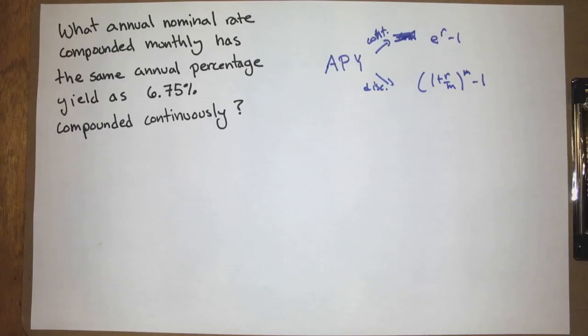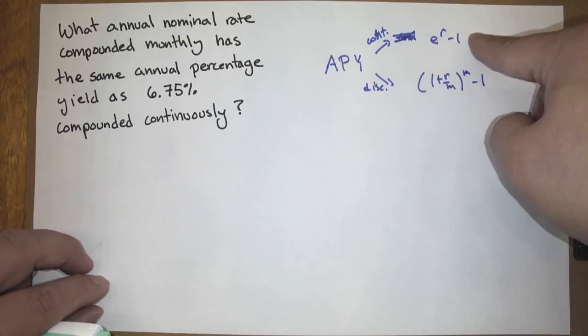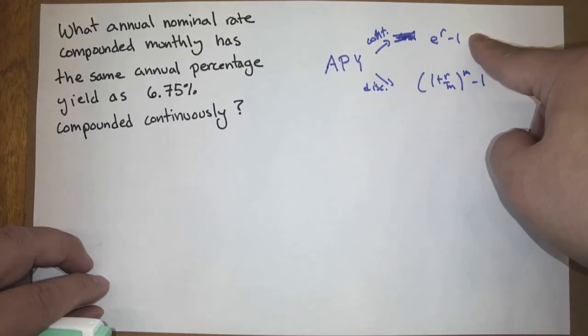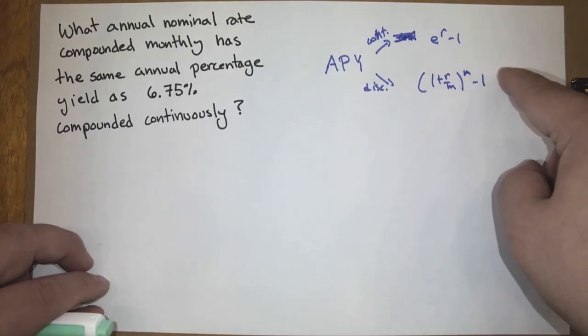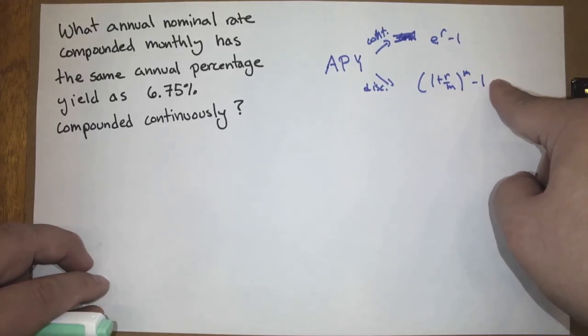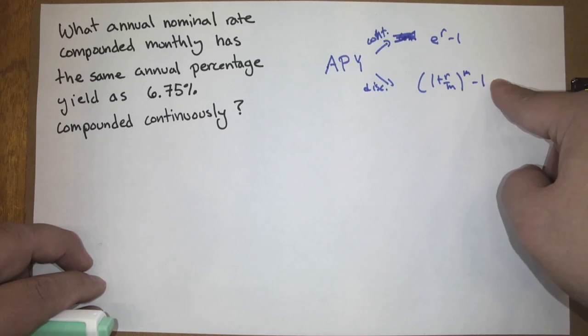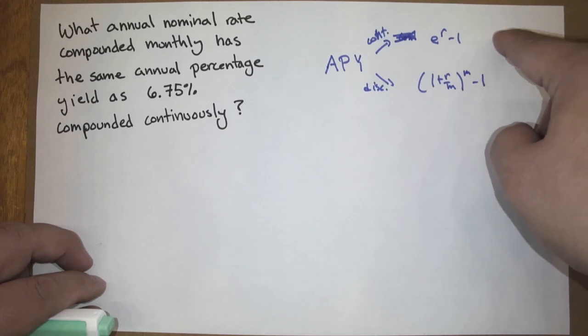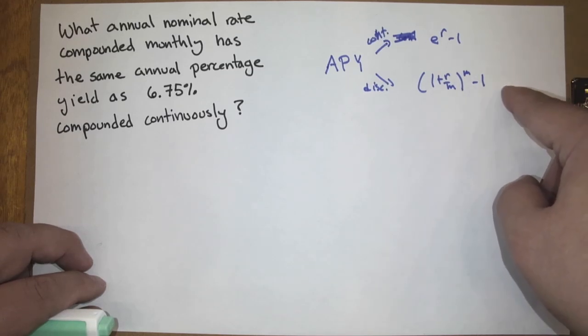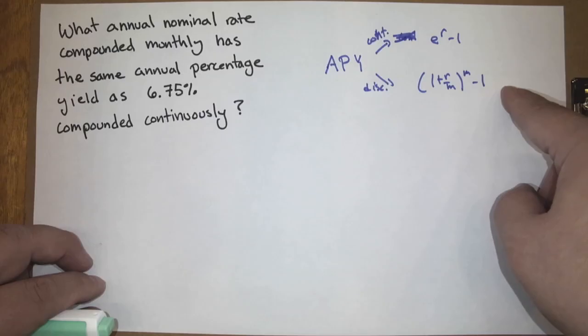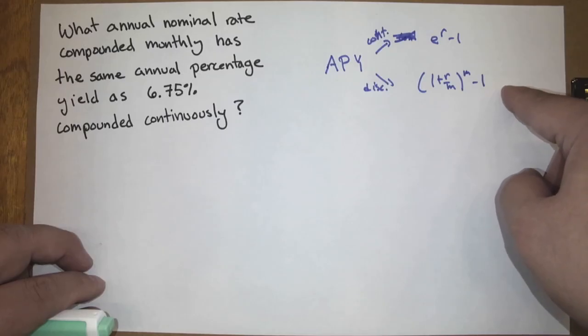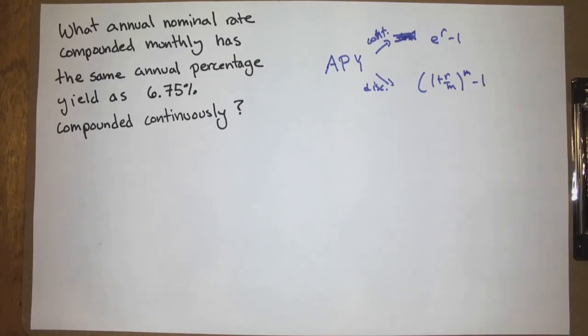So, do we need to use the e to the r minus 1, or do we need to use the 1 plus r over m to the m minus 1? And why is the answer yes? So, which one do we need?